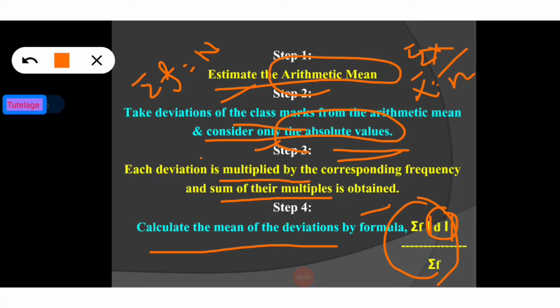In the third step, each deviation d is multiplied by the corresponding frequency f, and the sum of the products is obtained, that means summation fd. Now going to the next slide.